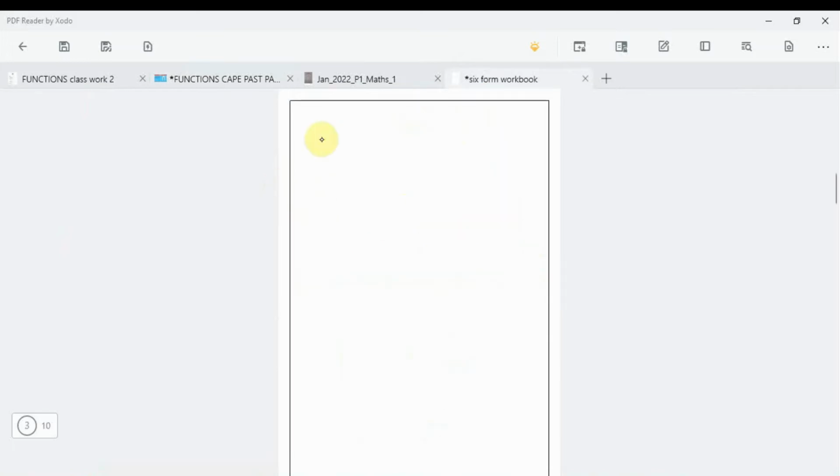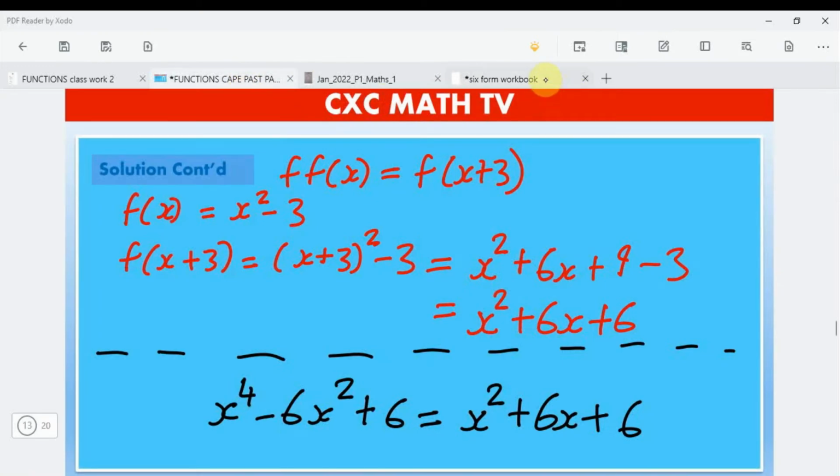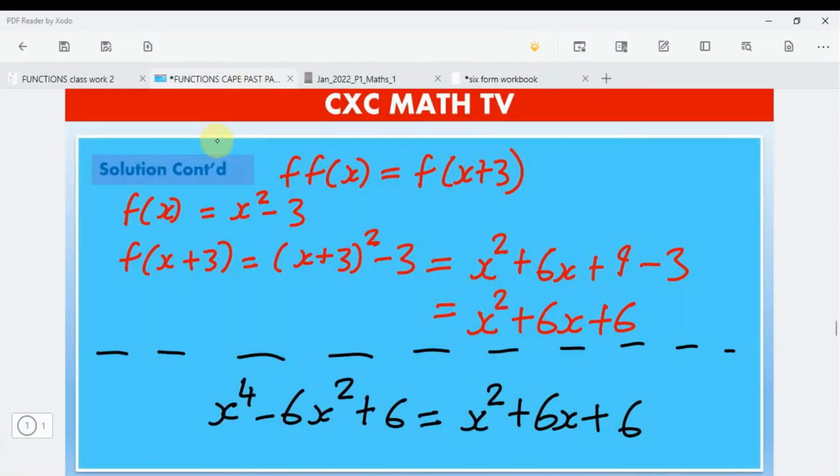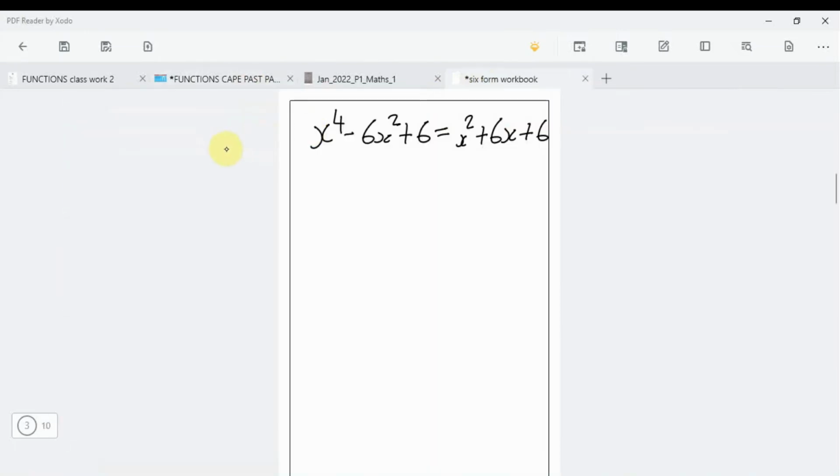So let's go around here. We have x to the 4 minus 6x squared plus 6 is equal to x squared plus 6x plus 6. That's what we have so far. Alright, these are the equations we have.